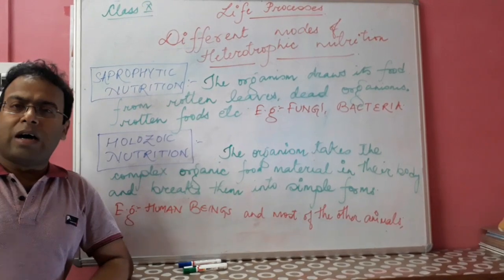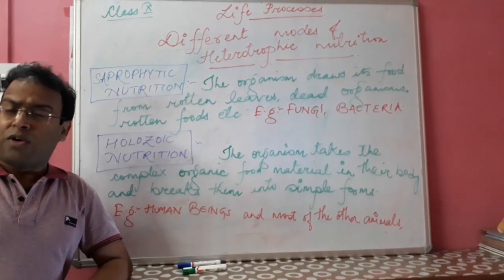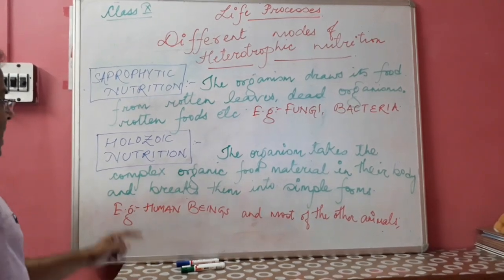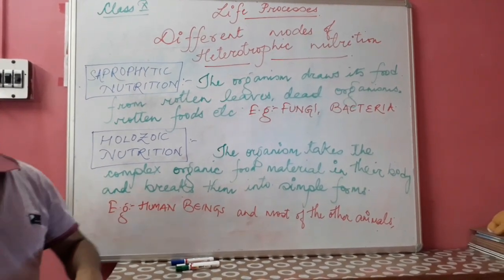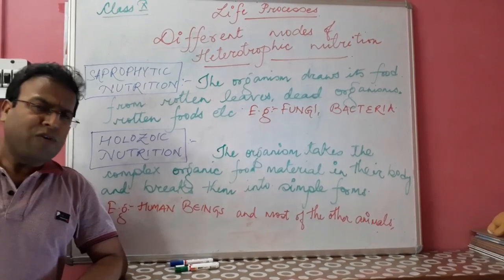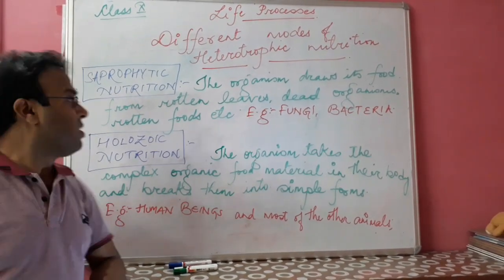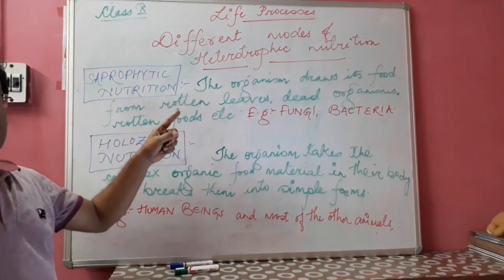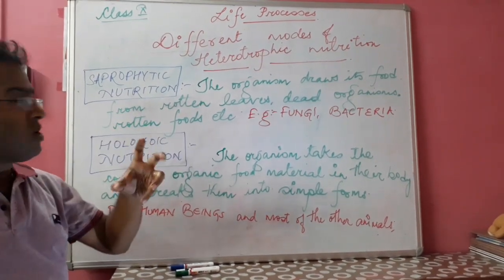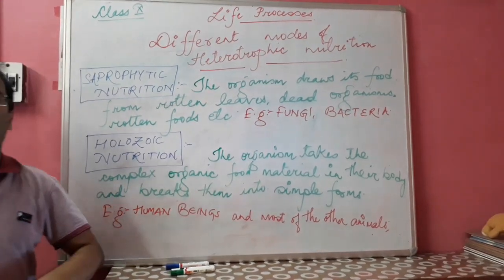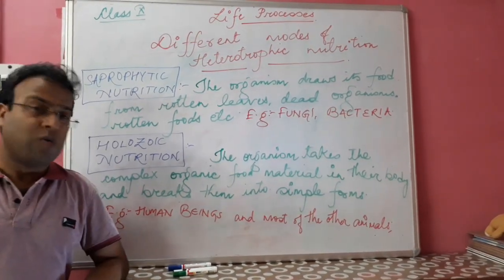So the other two heterotrophic nutrition types are saprophytic nutrition and holozoic nutrition. So what is saprophytic nutrition? Saprophytic nutrition is a type of nutrition in which the organism draws its nutrition from rotten leaves, dead organisms, rotten food, leftover food.